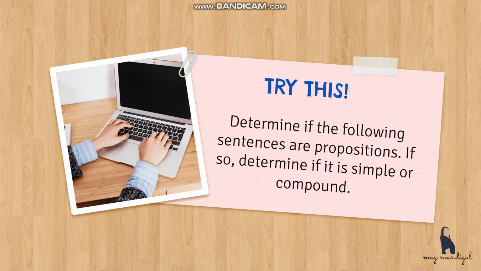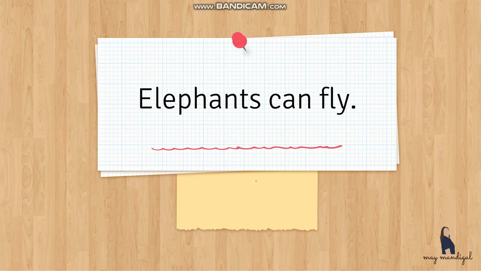Now I will show you some examples of sentences, and let's try to identify if it's a proposition or not. And if it's a proposition, let's further determine if it's simple or compound. Elephants can fly. As you can see, this one is a declarative sentence, and it's answerable by true or false.